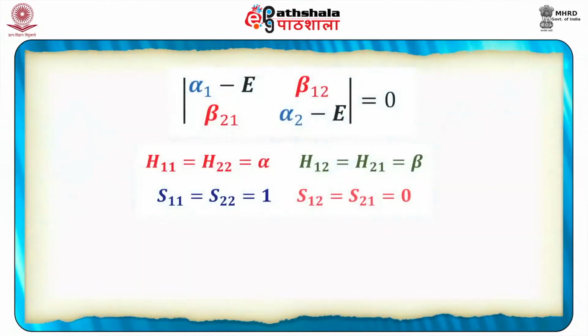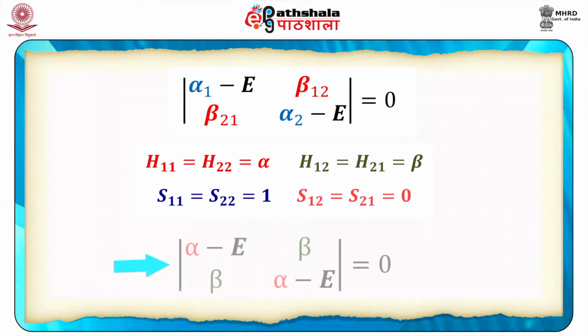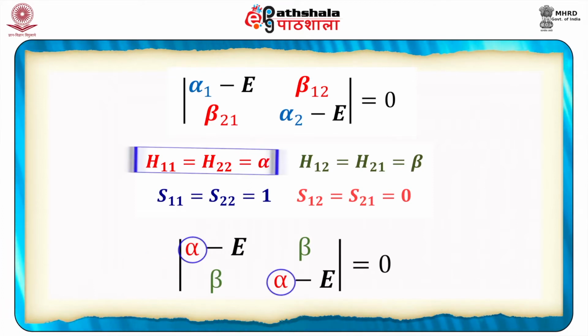You can see here the secular determinant now looks like alpha minus E, beta, beta, alpha minus E, and the determinant is equal to 0. Here alpha, as you already know, is basically the Coulomb integral, which is assumed to be the same for all the carbon atoms.